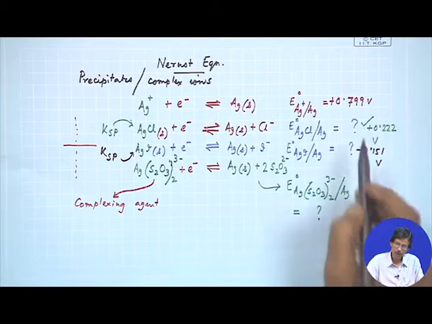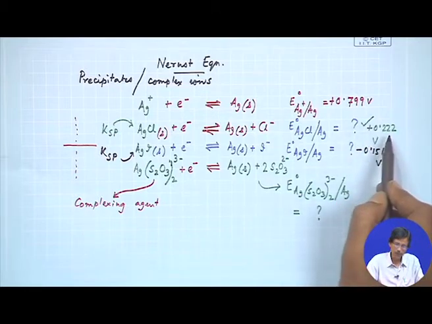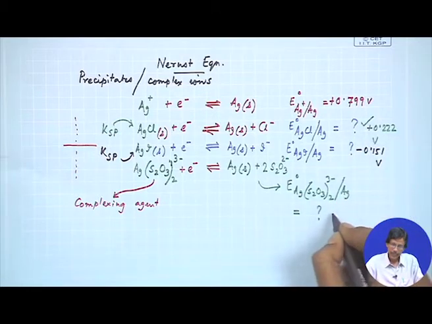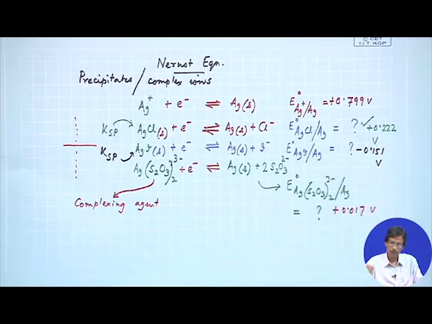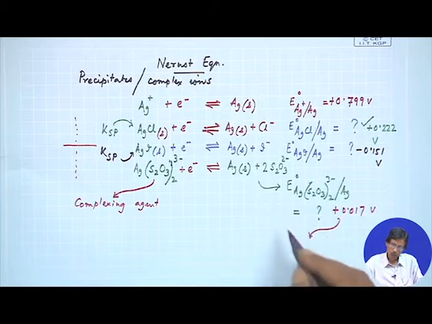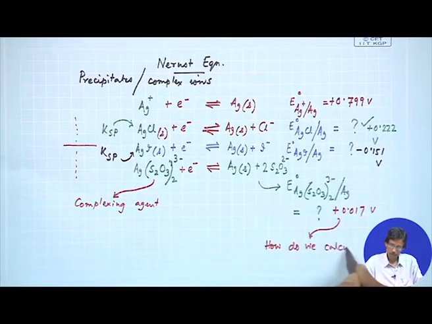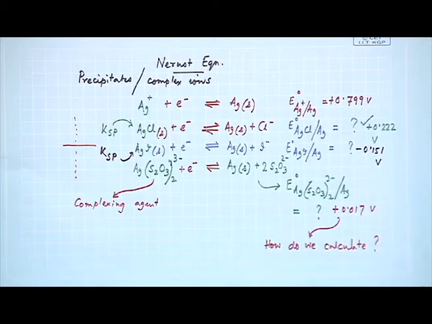In this particular one, it is still with respect to the reference, but in the positive direction it is plus 0.017 volt. So, how do we calculate this particular value of 0.017?